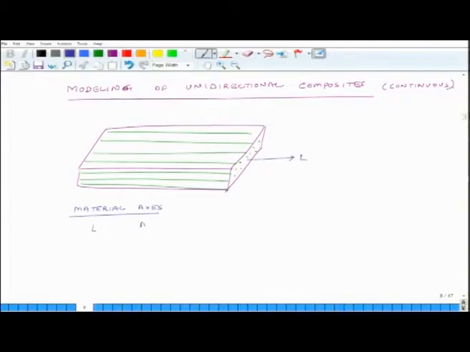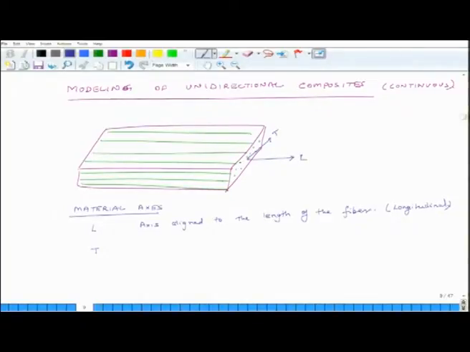It is the axis aligned to the length of the fiber. Then the other direction we look at is the T direction. So, let us say this is the T direction. L corresponds to longitudinal.